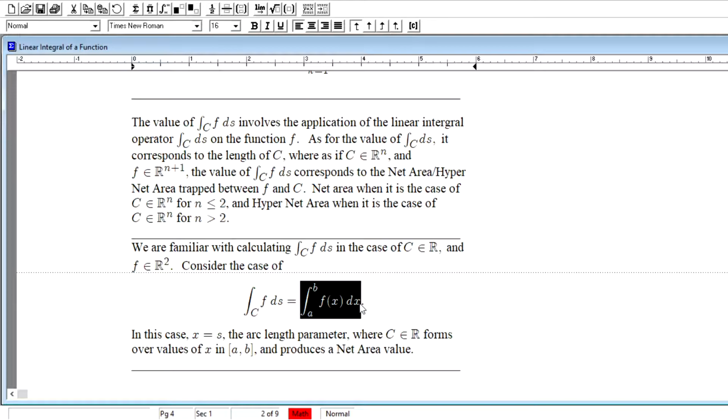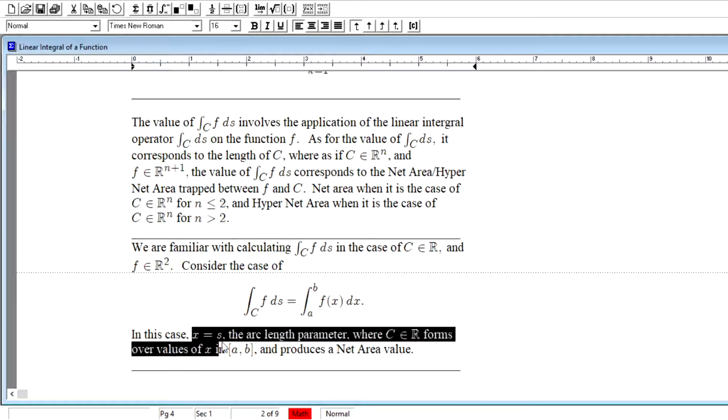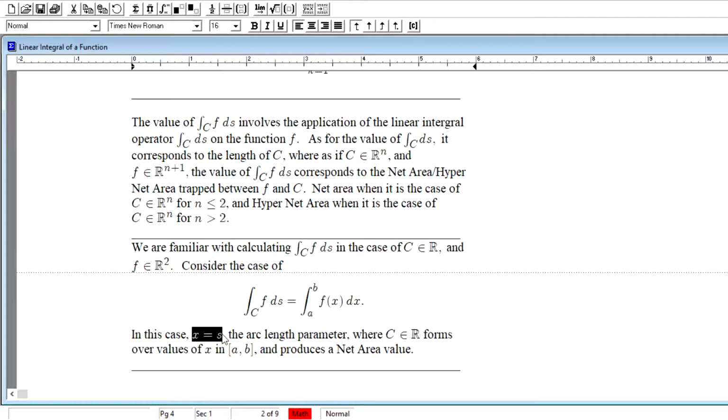What is going on in this case, though, we point out specifically, is that this is a case where x, the values measured along the x-axis in our 2-dimensional space in our description of function f, are equivalent to s, are equivalent to the measurements of length in that space.